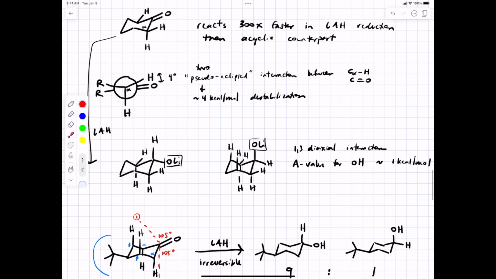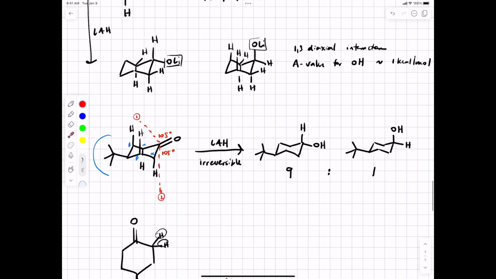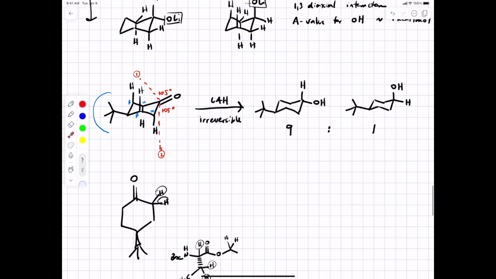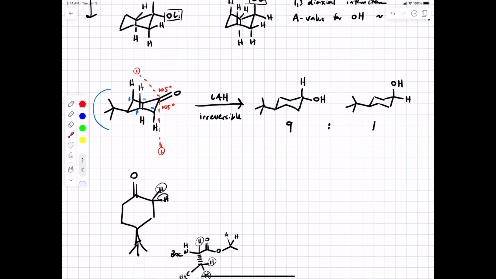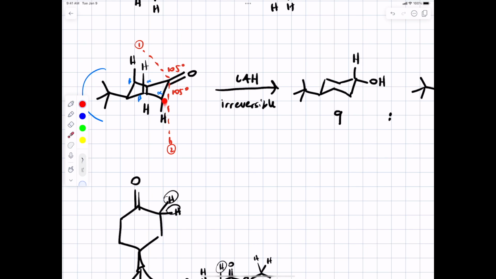Now, it wasn't obvious actually from this ketone because the two faces of this ketone are identical. But if we have this t-butyl substituted ketone, we now have two diastereotopic faces of this ketone. We were talking about which addition from which of them was preferred. We analyzed a couple of different things. We sort of drew out the Bürgi-Dunitz trajectory here, 105 degrees with respect to the plane of the carbon-oxygen pi bond.